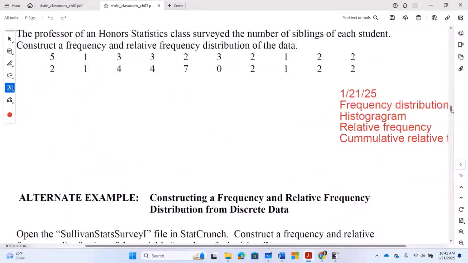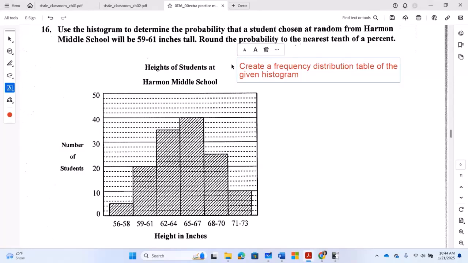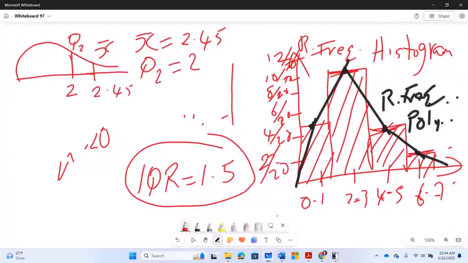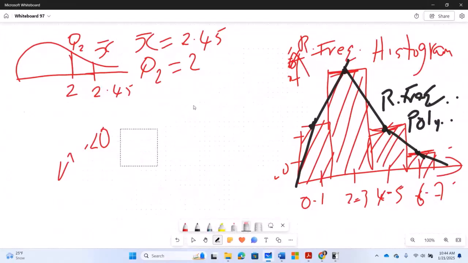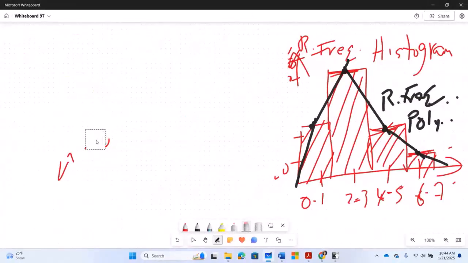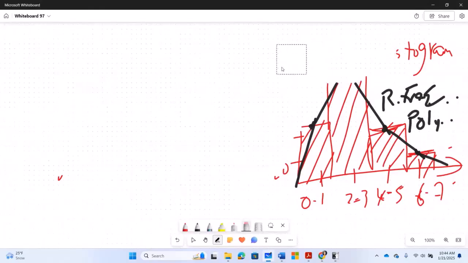So today we are doing frequency distribution, histogram. We are given classes. By the way, I'm going to clean this so I can use the space to answer the question.